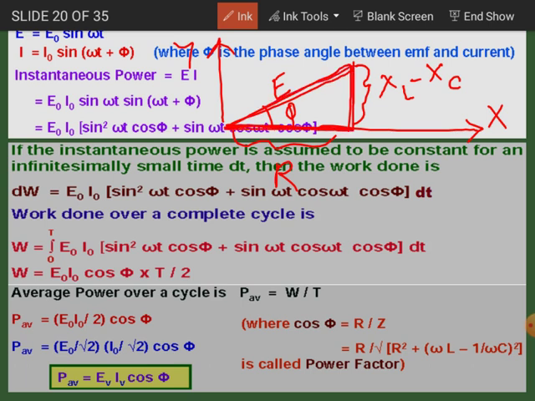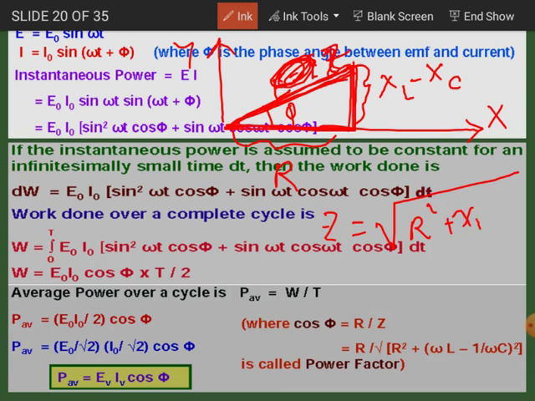So from this impedance triangle we can also define Z. This E will be equal to I times Z, right? If we replace by the impedances or the resistance offered, this diagonal, I mean the length of this diagonal, will represent the magnitude of the impedance. So your impedance can also be obtained from this right triangle: square root of R square plus XL minus XC whole square.